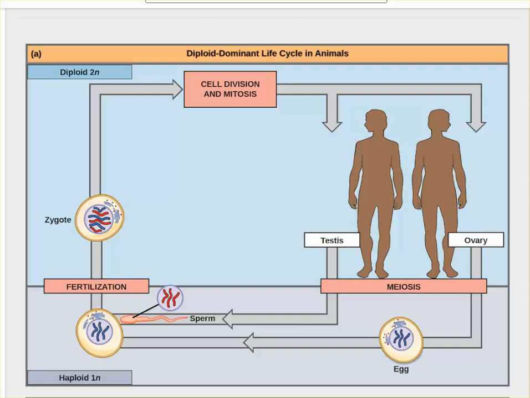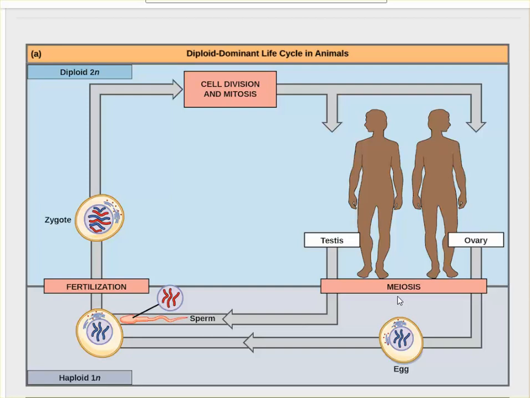So let's start by making sure everybody is familiar with this diploid dominant life cycle, which is common in animals. So humans make sperm cells and egg cells, which are also called gametes, through a process of meiosis, which you are going to learn a lot more about in Chapter 7.